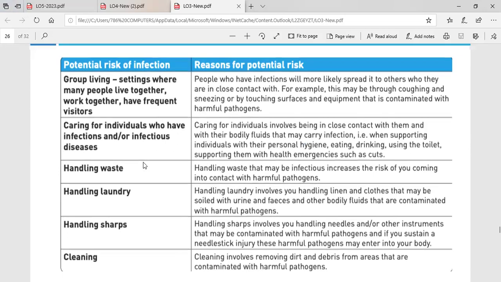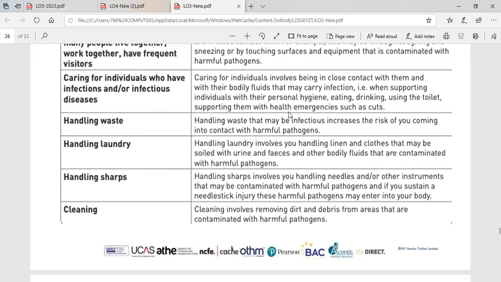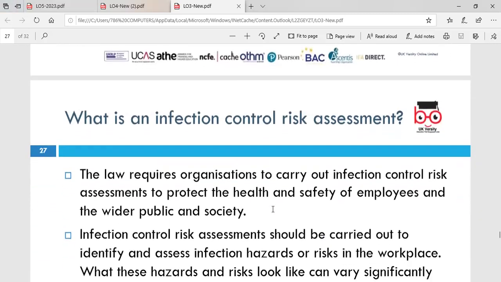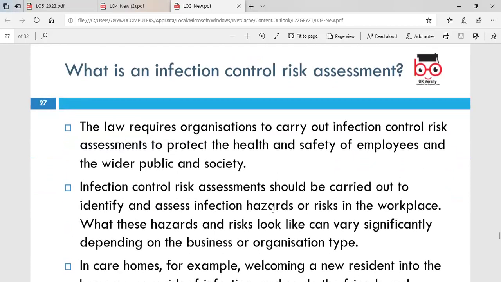Handling waste: people who handle waste are more at risk of contracting infections and harmful pathogens. Handling laundry: contaminated laundry gives you more chances of contracting and spreading infections. People who handle sharps are more at risk of needle stick injuries. People who clean or remove dirt are more at risk of becoming infected.